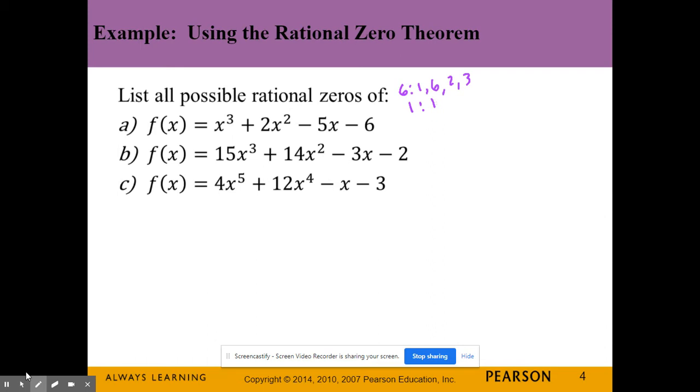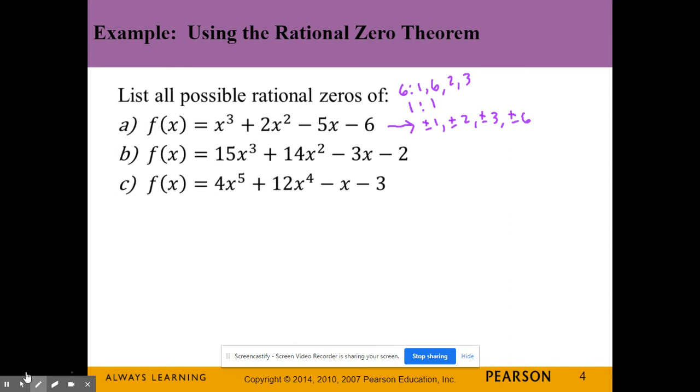So it's really just all of those numbers. Also plus or minus. So for part A, the possible rational zeros of that function are plus or minus 1, 2, 3, and 6.